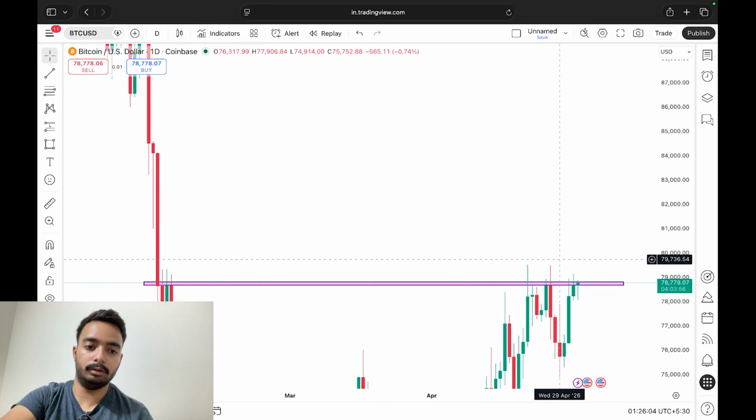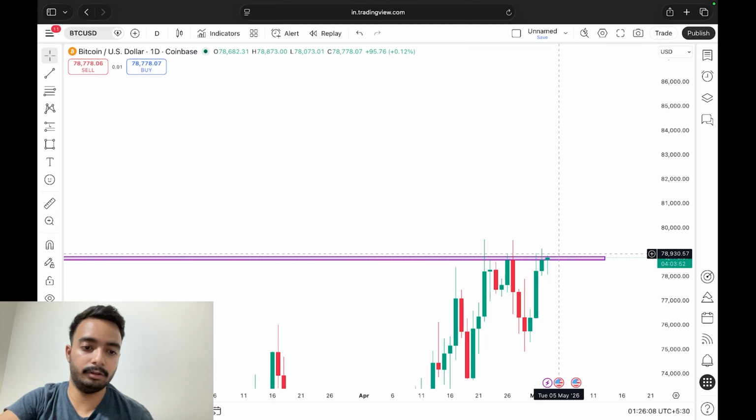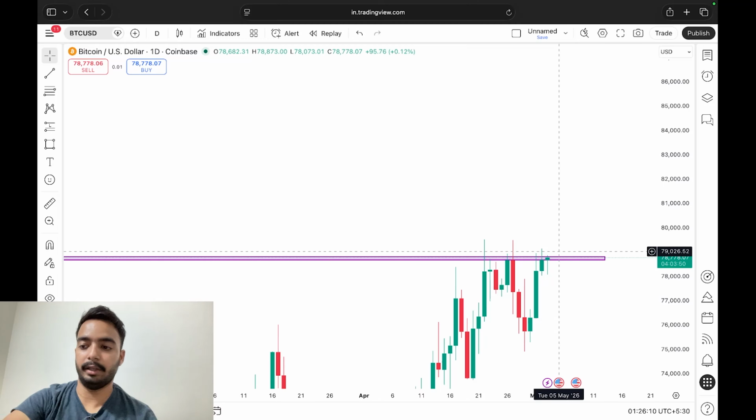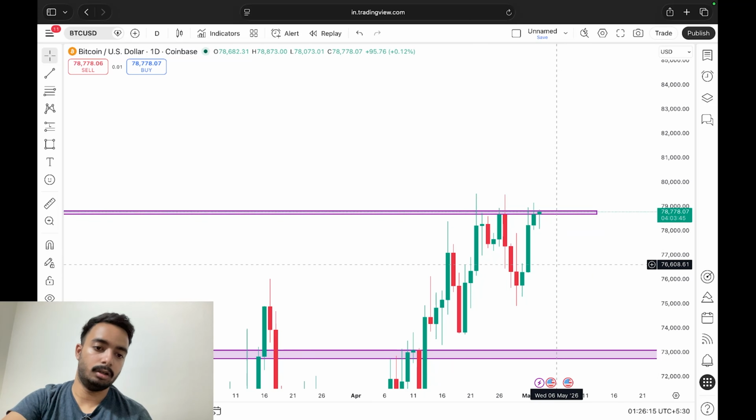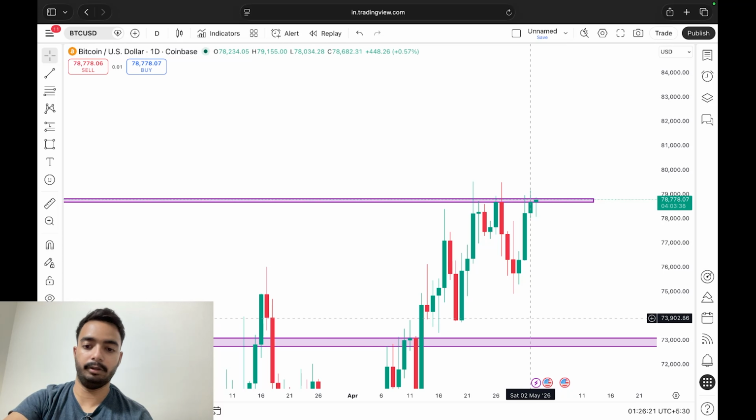And the alternative scenario: if resistance holds, price may continue to consolidate here in this zone, or it can start pulling back to 72,000 levels.